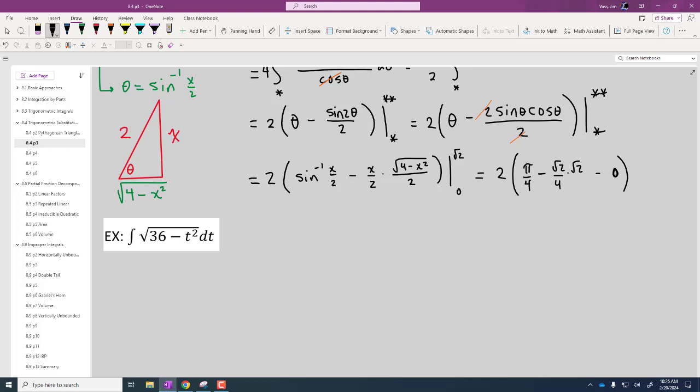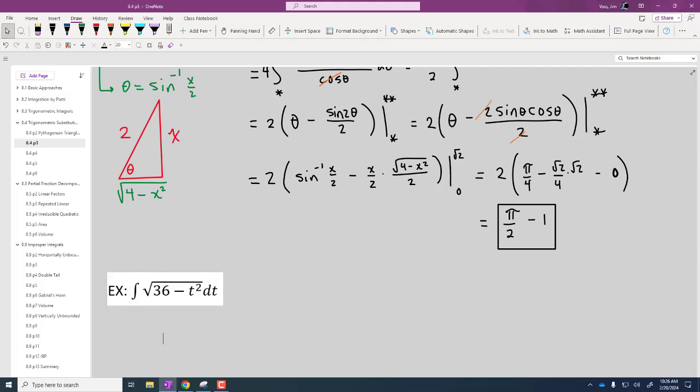So our final answer, if we distribute this 2, we'll end up with pi divided by 2 minus 1. There we go. Root 2 times root 2 is 2, so we have 2 over 4. That 2 distributes, we get 4 over 4, which is 1. So that is a classic integration by trigonometric sub.